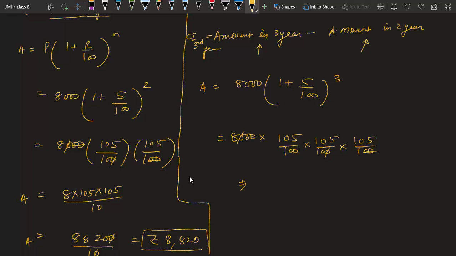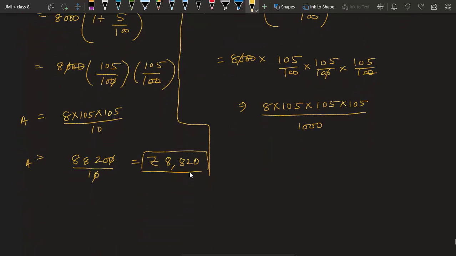Now we are left with 8 into 105 into 105 into 105 upon 1000. It would be better if you multiply them. So let's see what will come. We will get 9261,000 upon 1000. So these will cancel. The amount after 3 years is equal to 9261.